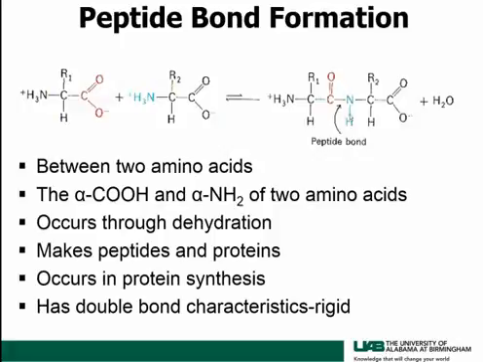You have this amino group that is part of the next amino acid. When you remove water, these two interact to form a peptide bond. A peptide bond is between two amino acids, between the alpha carboxylic and the alpha amino group, and it occurs through the loss of water, or dehydration.